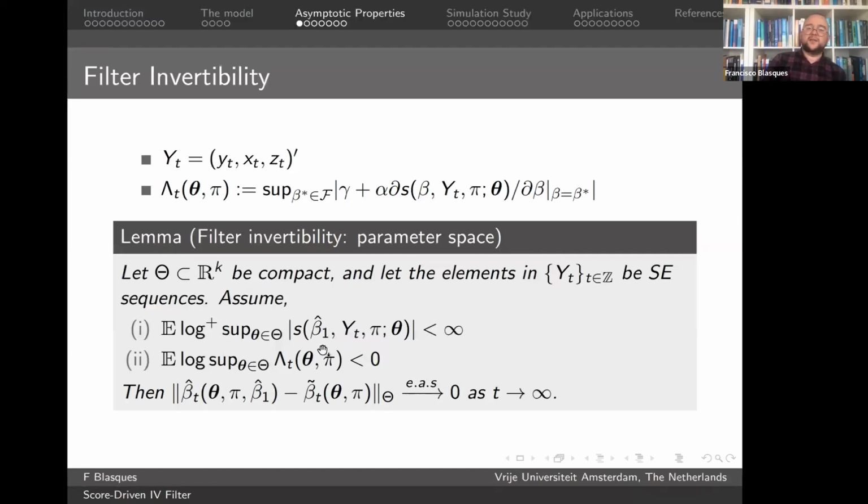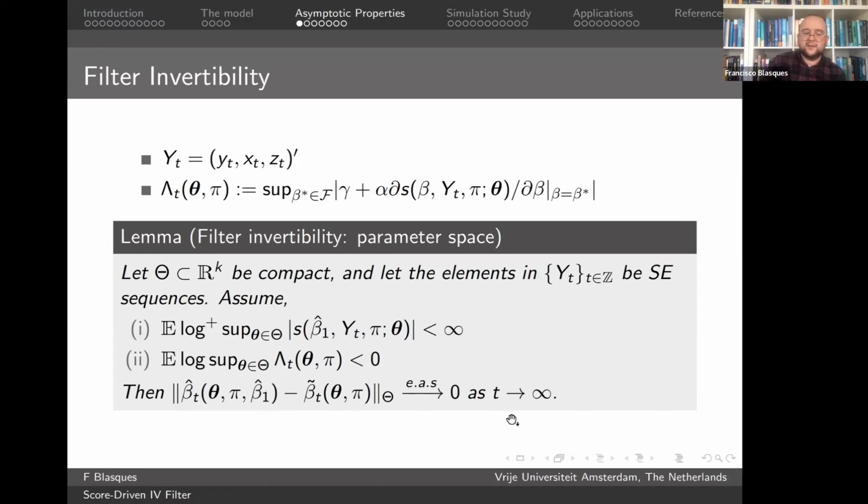So when I set my beta_1 hat, I have a very weak log moment condition, and then if there's some contraction condition that ensures fading memory, I ensure that my filter converges to some limit filter, some limit sequence that does not depend on that initial beta_1 hat.